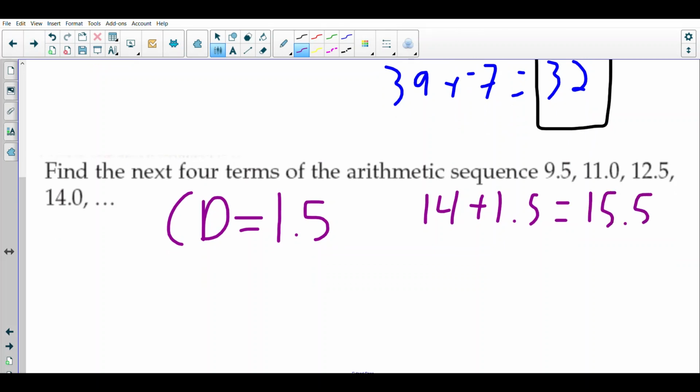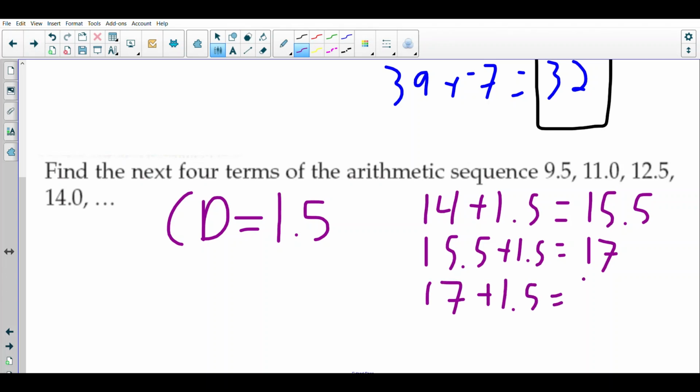The next one, 15.5 plus 1.5, gives us 17. Then 17 plus 1.5 gives us 18.5. And then the last one, 18.5 plus 1.5 gives us 20. And those are the four terms we're looking for.